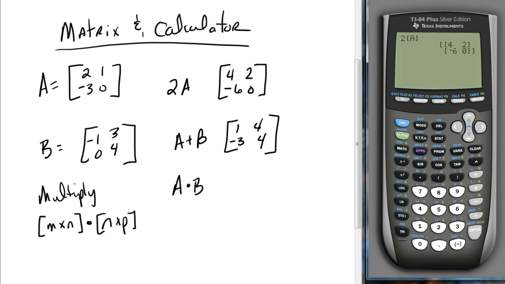Let's try A plus B. Well, we got to put in B. Second matrix. Edit. Put in B. Now, to do the A plus B, second matrix under name.